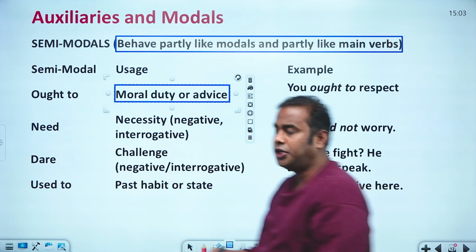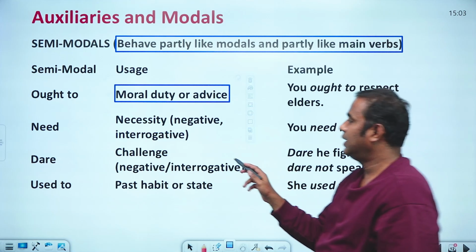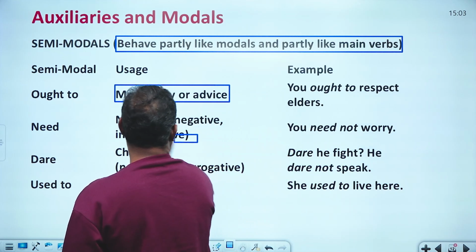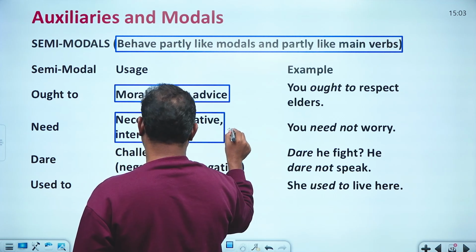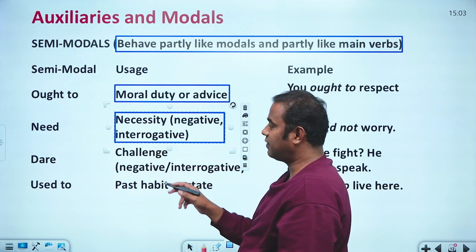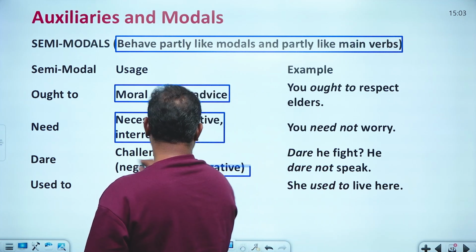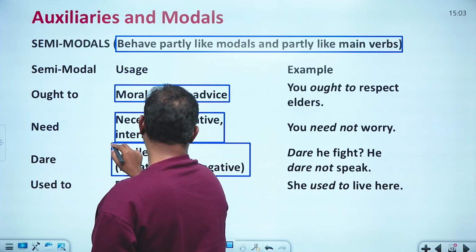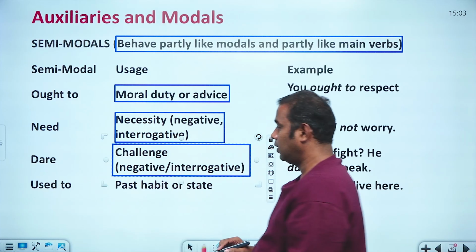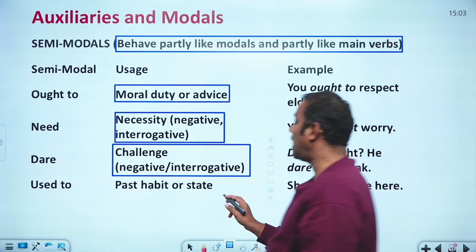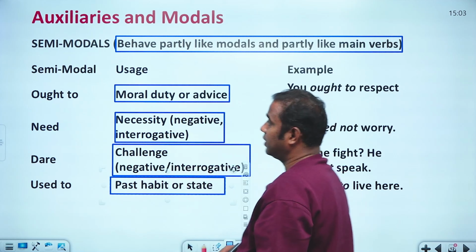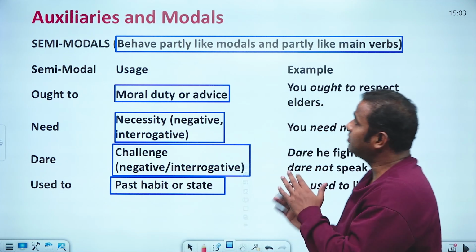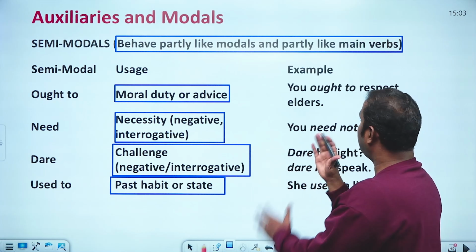Then need is basically used for necessity in a negative or interrogative sense. Dare is basically used for challenging, so mostly it can be negative or interrogative. Then used to is used for past habits or states. So she used to live here. This is when it behaves like partly a modal and partly a main verb.